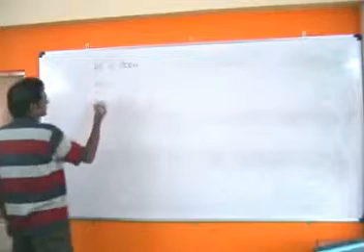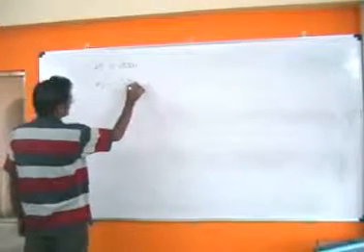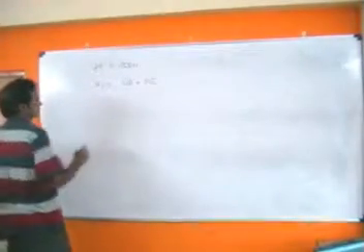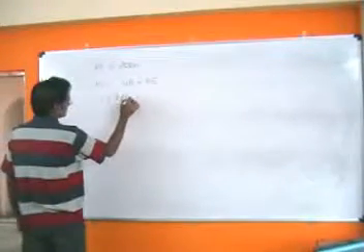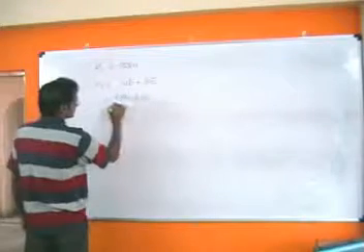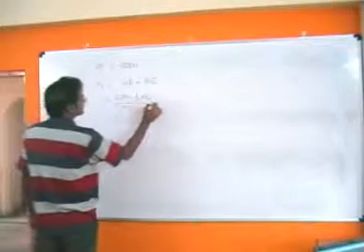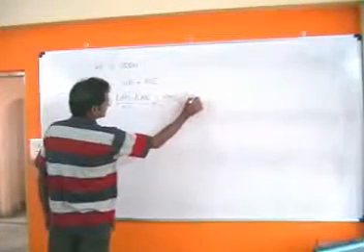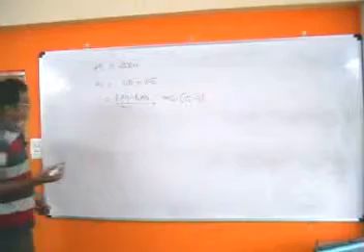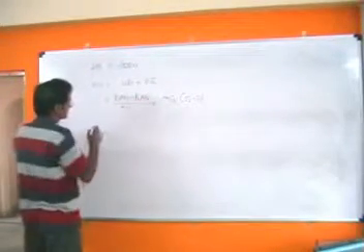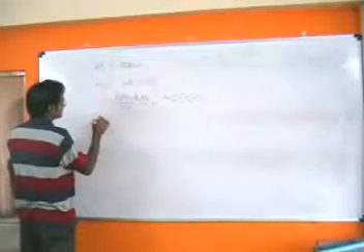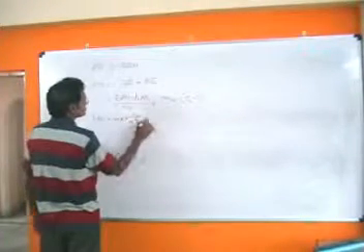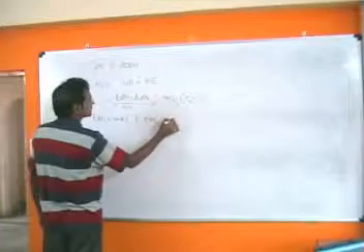Therefore, for the heat supplied, we have the standard equation: work done plus change in internal energy. The work done in a polytropic process is (P1 V1 minus P2 V2) by (n minus 1), plus the change in internal energy, which is the standard formula m Cv into (T2 minus T1). Now we convert all this into temperatures. We have the standard gas equation as P1 V1 equals mR T1 and P2 V2 equals mR T2.